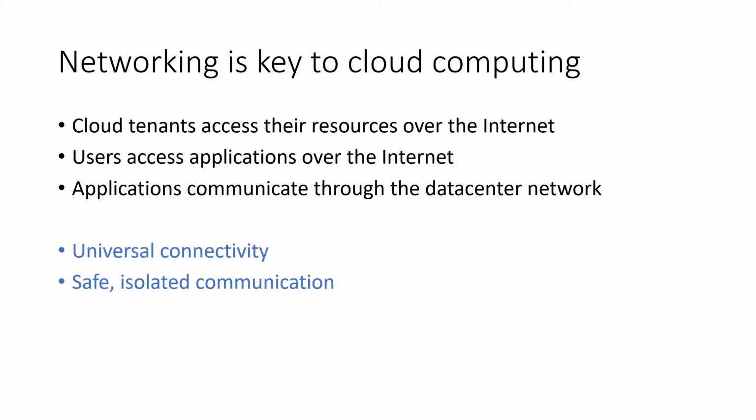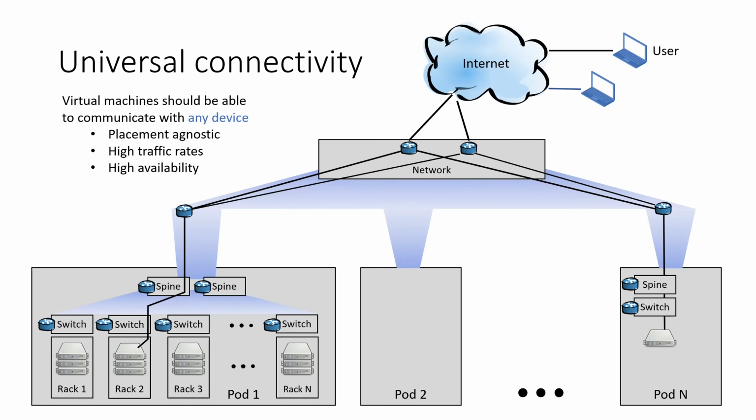And we need two things from networks in the cloud. We need universal connectivity and we need safe, isolated communication. So let's talk about each of these in turn. Universal connectivity is the property that a virtual machine or a container can communicate with any other device in the internet.